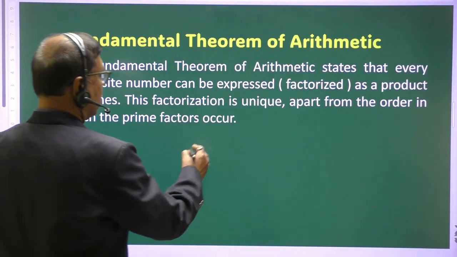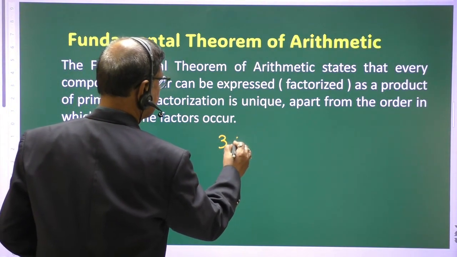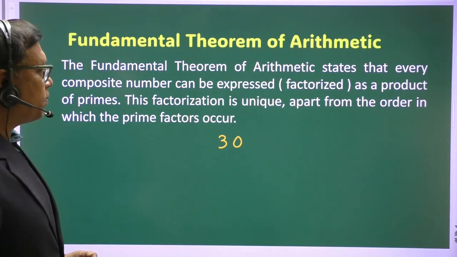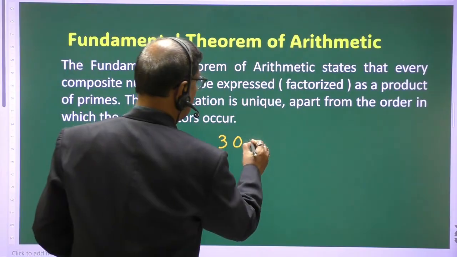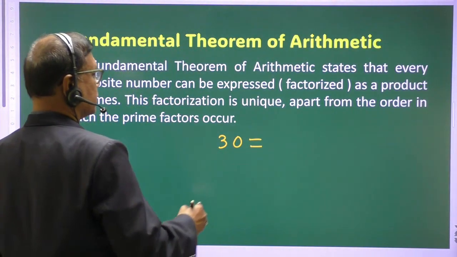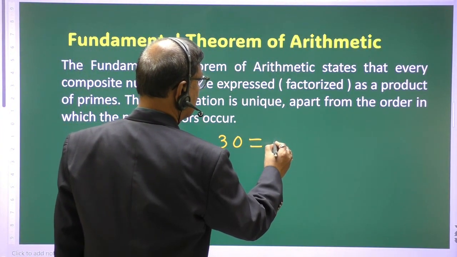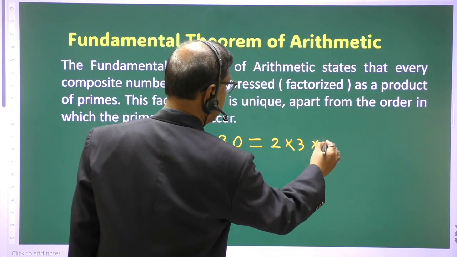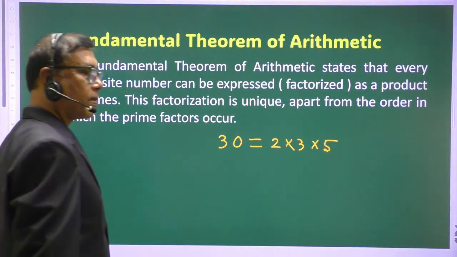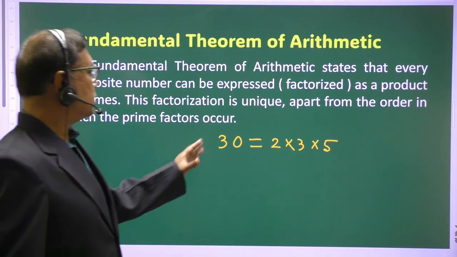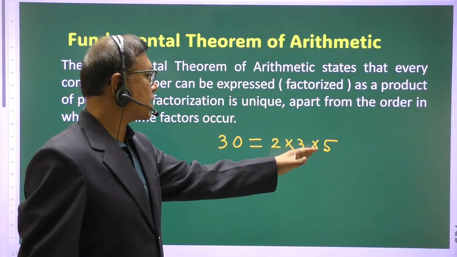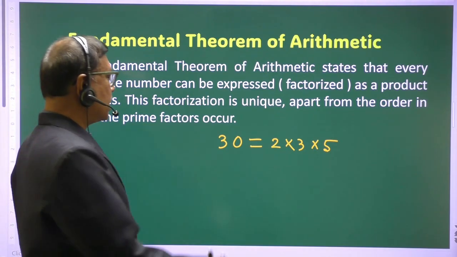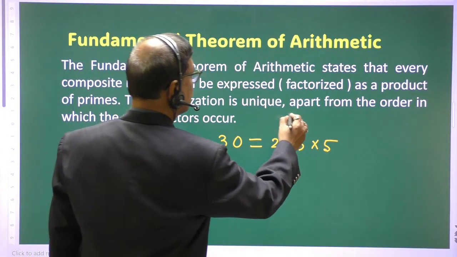For example, say 30. If I consider this composite number, and if we find the prime factors of this, what are the prime factors? 2 into 3 into 5. So 30 is expressed as the product of these 3 prime factors. Now, what is the meaning of unique?